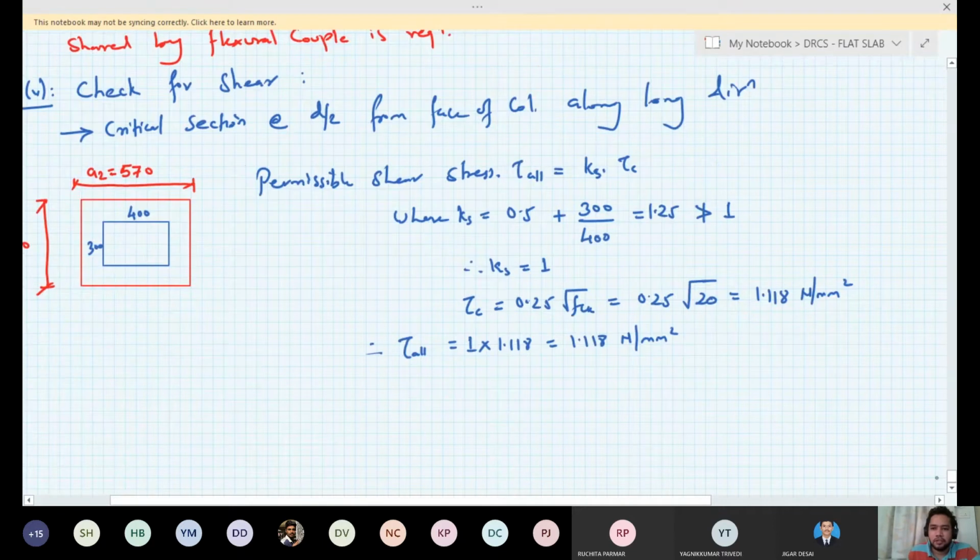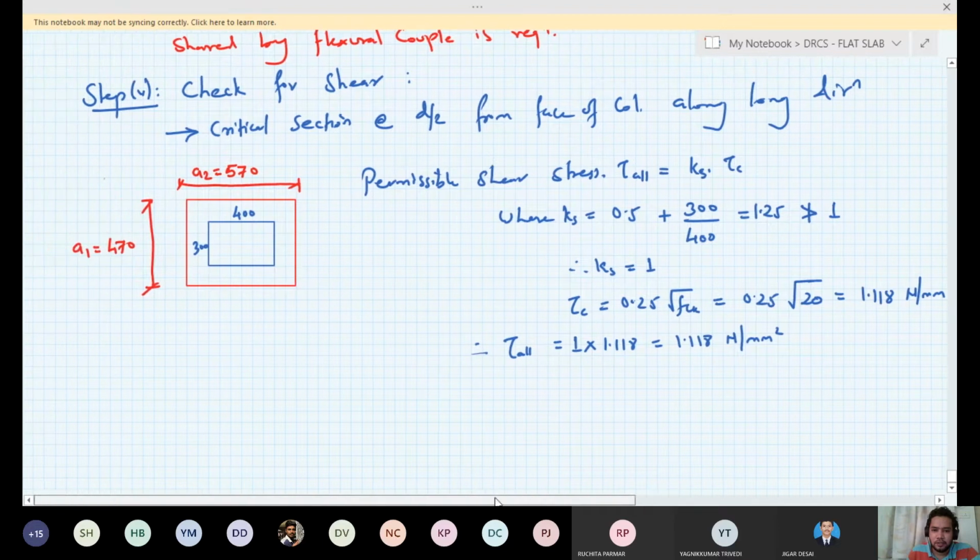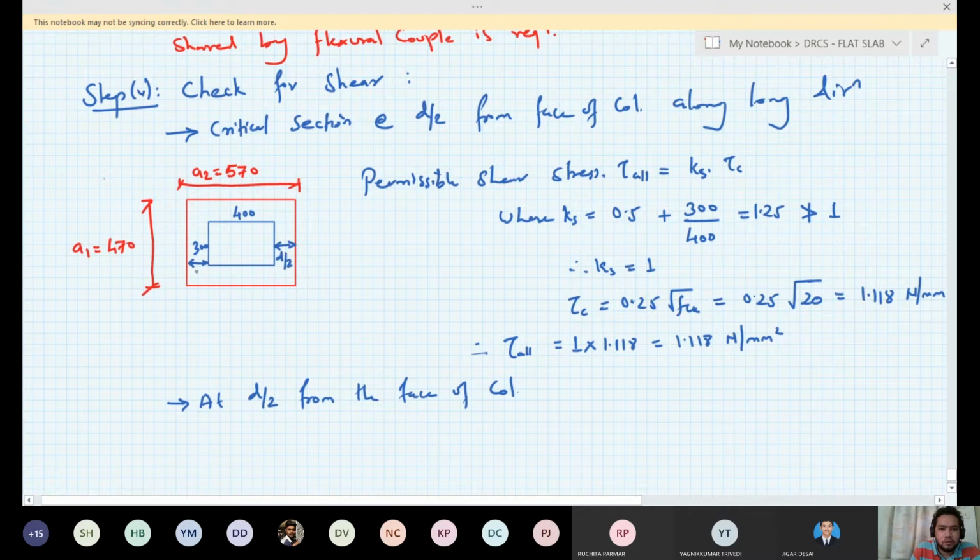Now we'll find out the actual shear stress. So at d by 2 from the face of column, see this is d by 2, and this is also d by 2.